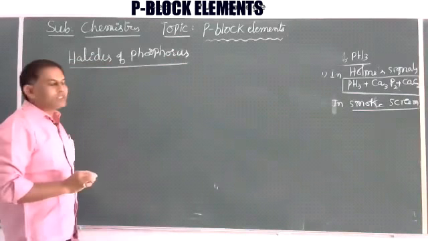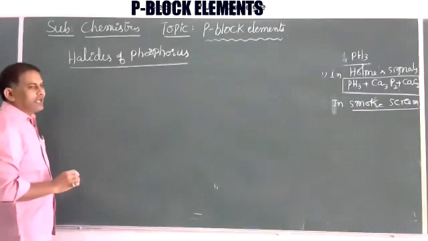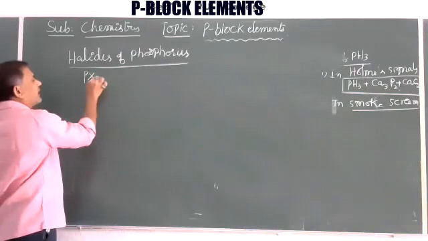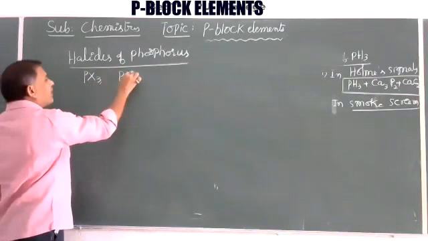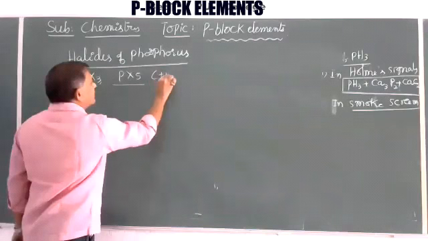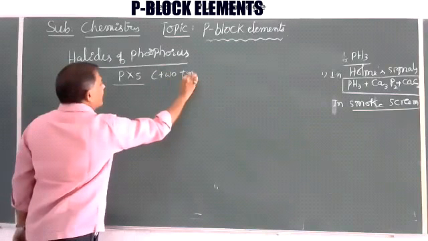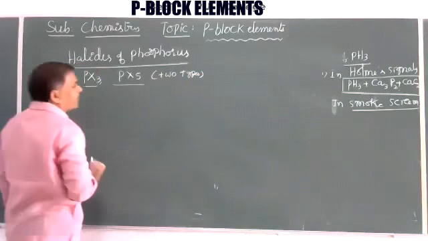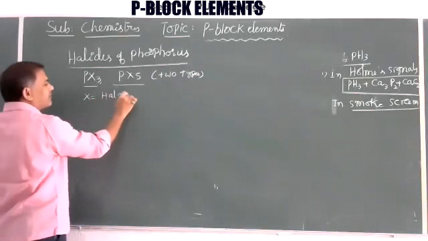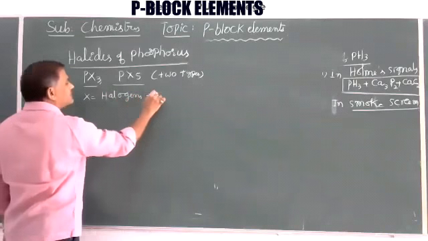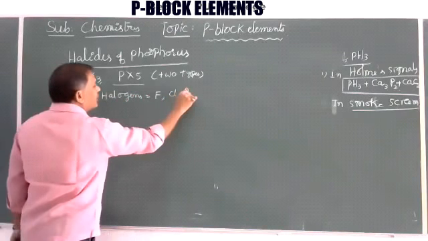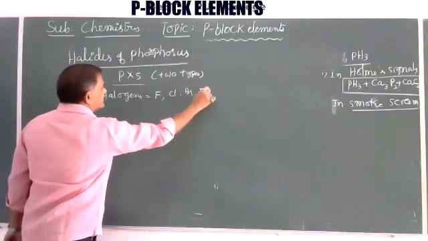Generally, phosphorus forms two important halides: one is PX3 and another one is PX5. These are two types of halides. Here X stands for halogens, the 17th group elements: fluorine, chlorine, bromine, iodine or astatine.